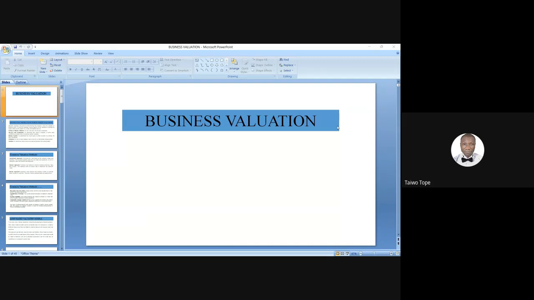So the point is the circumstance. I'm trying to reflect back on what is in the study pack now. The circumstances of valuation in the study pack are put in two ways: we have quoted companies and unquoted companies.